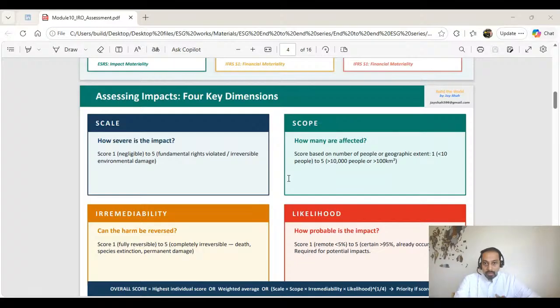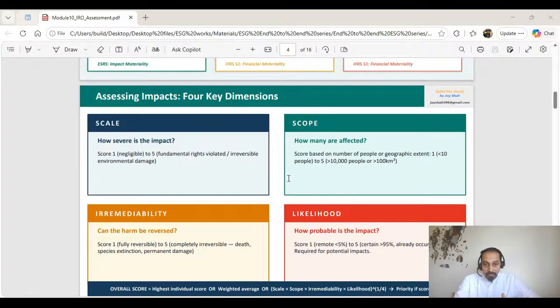So now that we understand impact, risk, and opportunity, we need to talk about how to assess them. We will start with the impact because it has a distinct set of assessment criteria that is specific to ESRS. The first dimension is the scale. Scale refers to how severe the impact is. For negative impact, you are asking how grave the harm is.